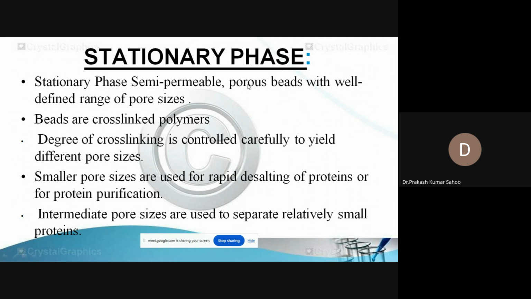That is, semi-permeable porous beads with well-defined ranges of pore sizes are used as the stationary phase for size exclusion chromatography, and the beads are cross-linked polymers.